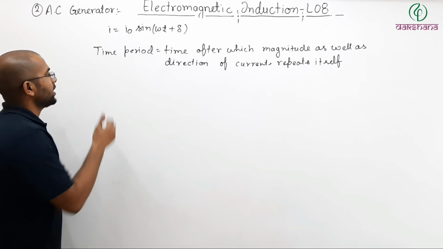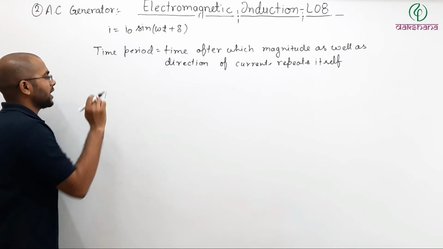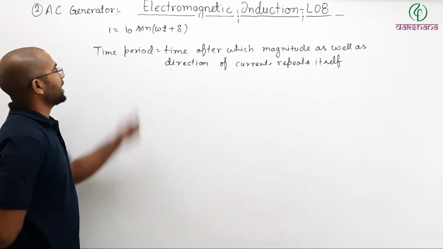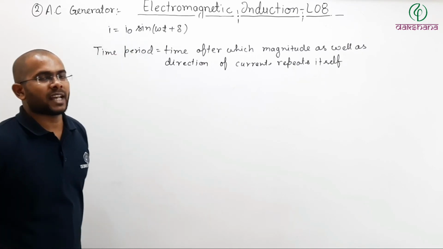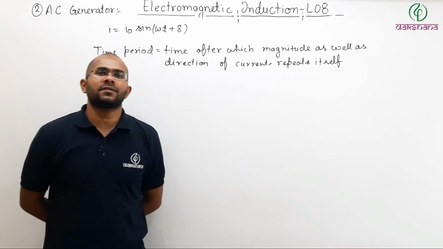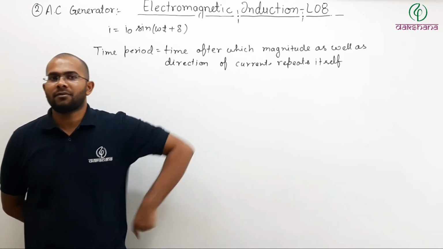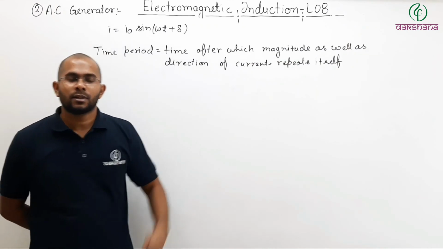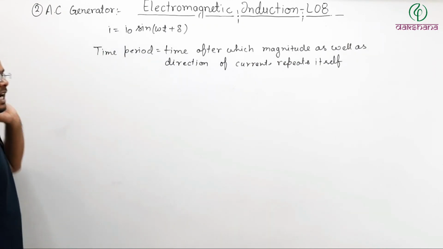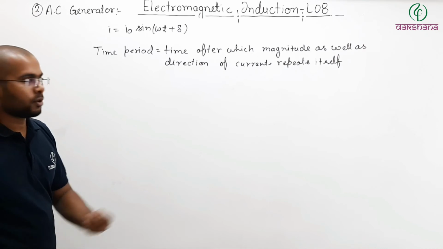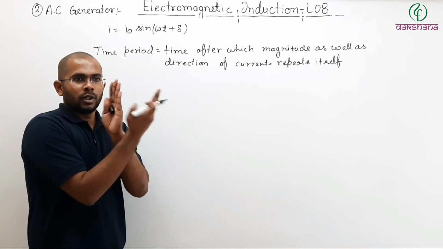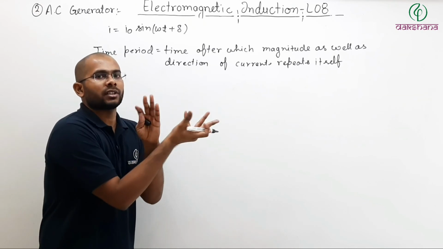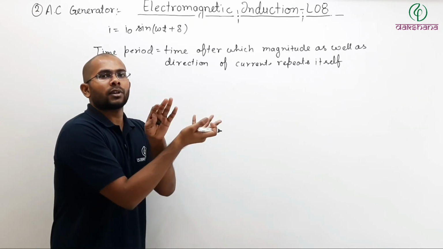So what will be the time period? If you remember your wave equation, in case of a sine function, I naught is a constant and sine function repeats itself after how much angle? After every 2 pi, sine function repeats itself. So after how much time will it repeat? If we talk about the loop, the loop repeats itself after every 2 pi radian rotation.